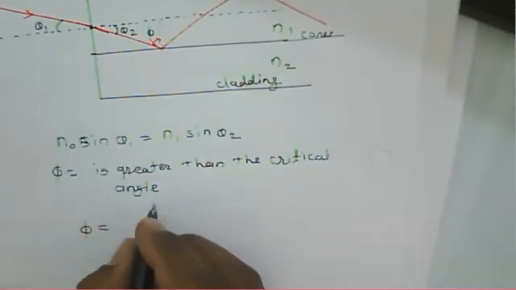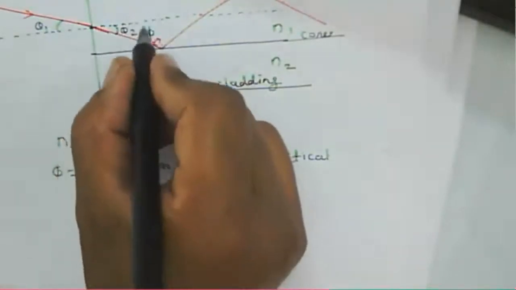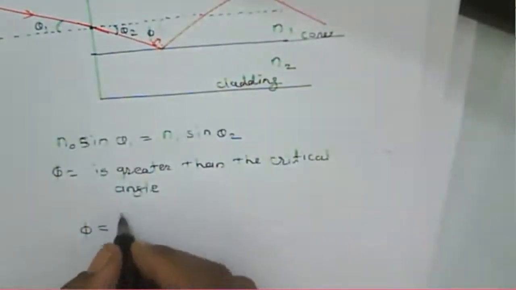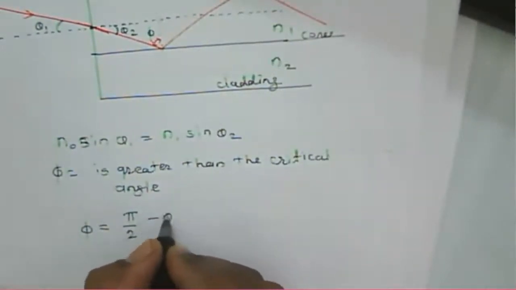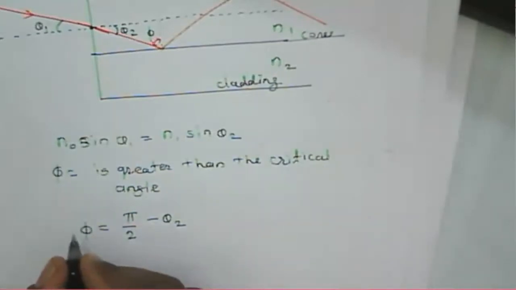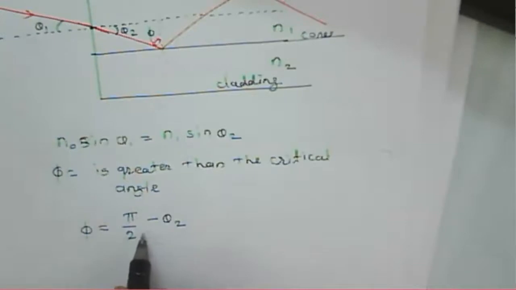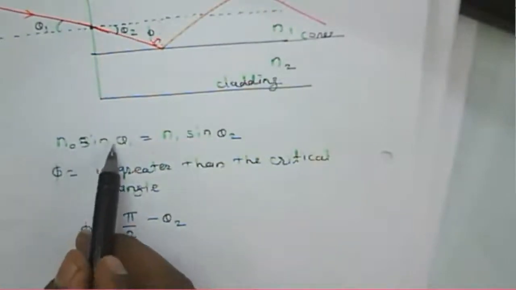So what is the value of this phi? If you consider the right angle triangle here, phi will be pi by 2 minus theta 2.